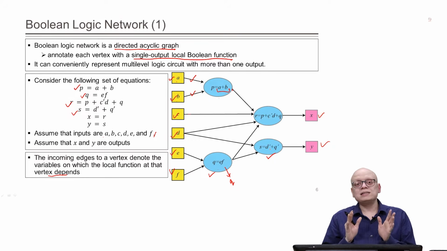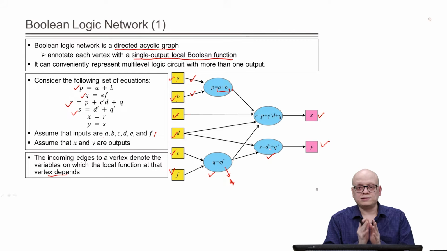So, edges denote the dependency among the vertices, and the label in the vertex denotes the name of the vertex and the local function.